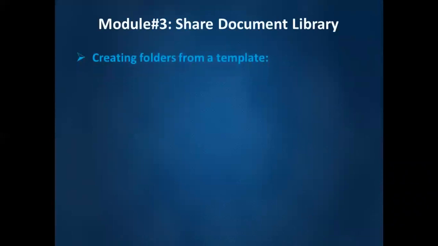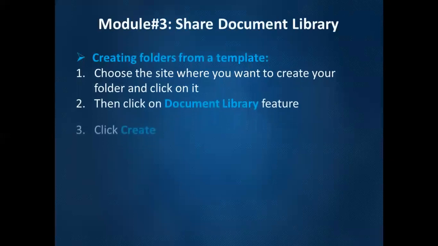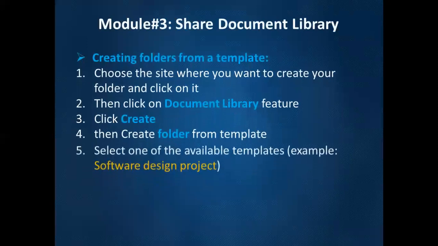Creating folders from templates. First, choose the site where you want to create your folder and click on it. Then click on the Document Library feature. Click Create, then create a folder from template.